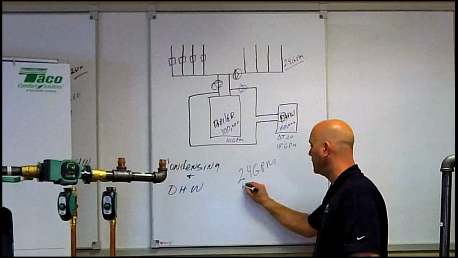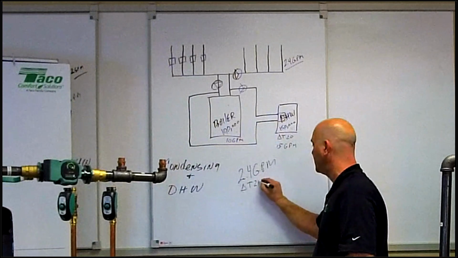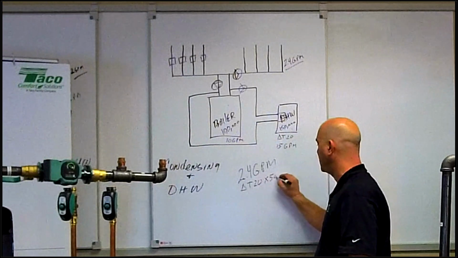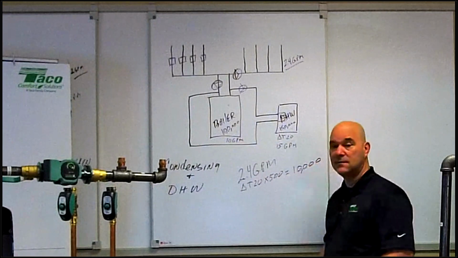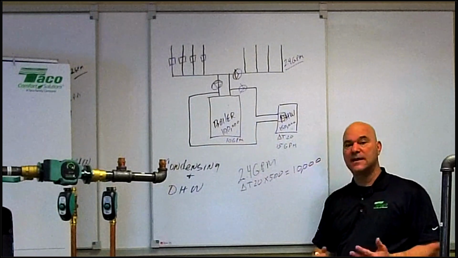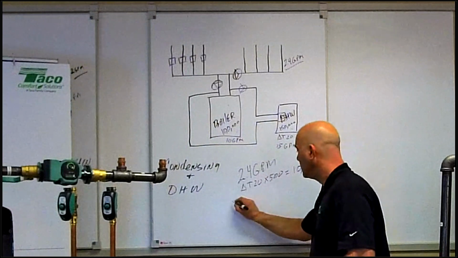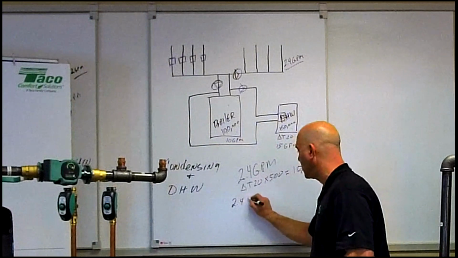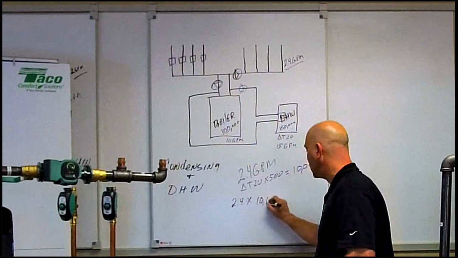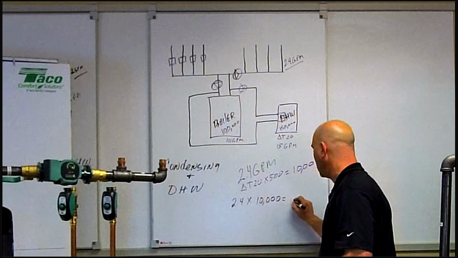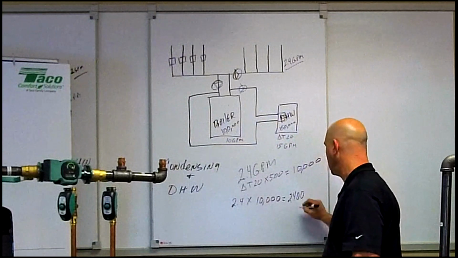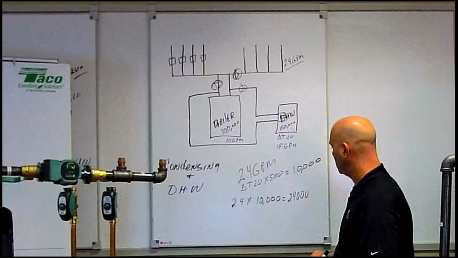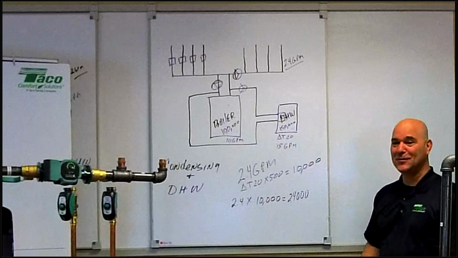Universal Hydronic Formula, 20-degree delta T, right? 20 times 500 equals 10,000, okay? 10,000. 2.4 times 10,000 equals 24.